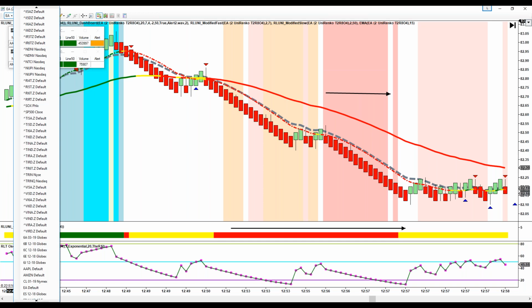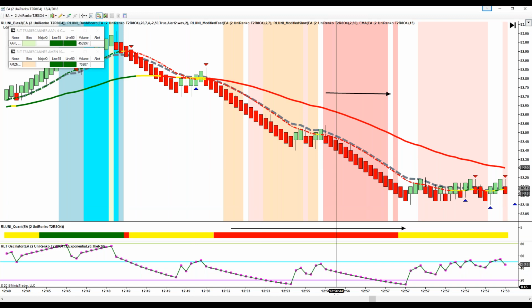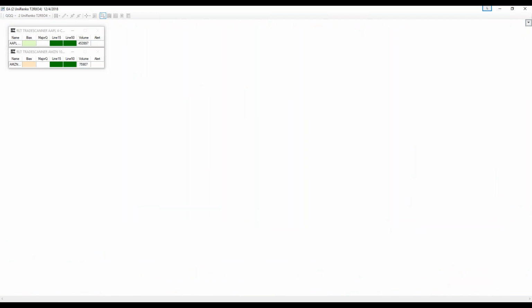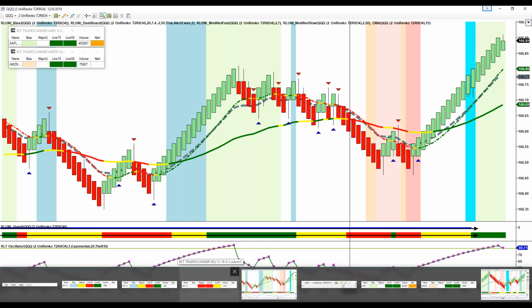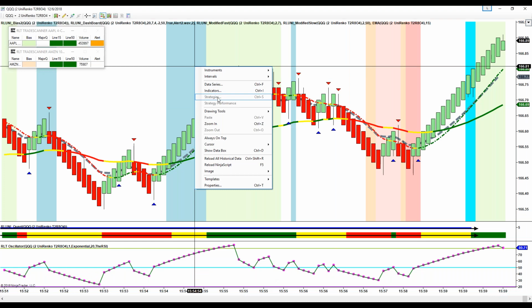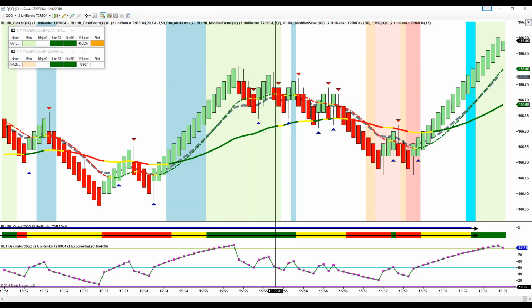So let's just go to find the Qs right here. And let me bring up the Q scanner. It's hidden. Let me find it. Hang on one second.